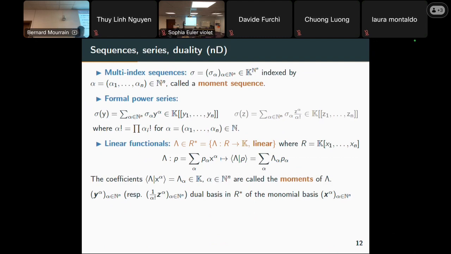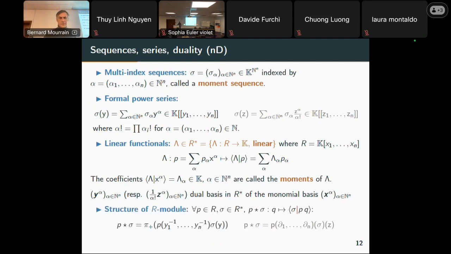Again, y^alpha, or z^alpha over alpha factorial, corresponds to x^alpha. And we have the same property. And also a moment sequence is just a sequence of values. So these are numbers.